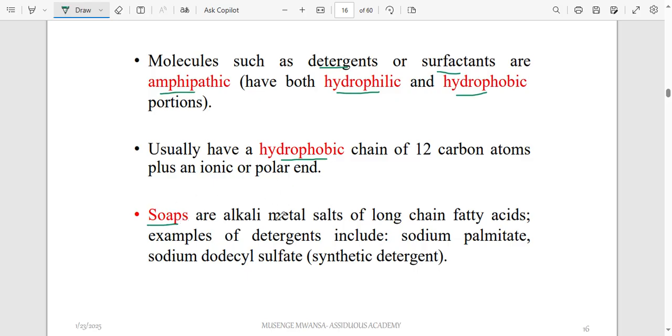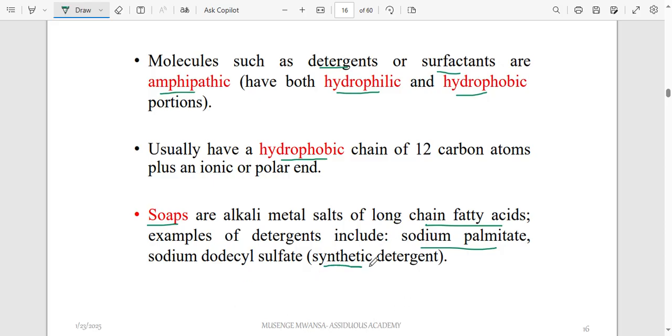Soaps are alkaline metal salts, and they have a long chain fatty acid. For example, sodium palmitate. We'll discuss this in biochemistry when we start talking about lipids.